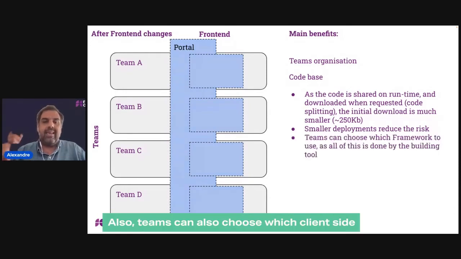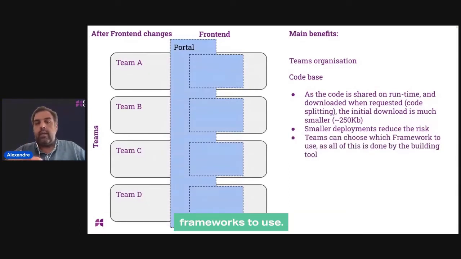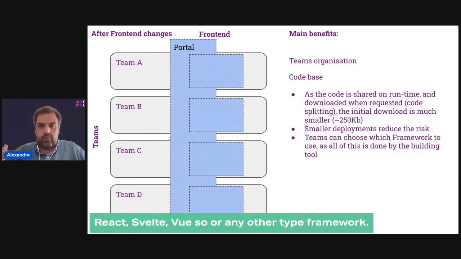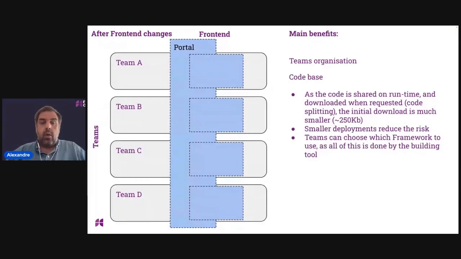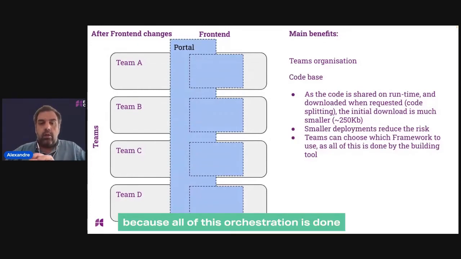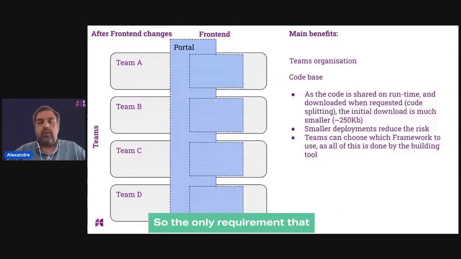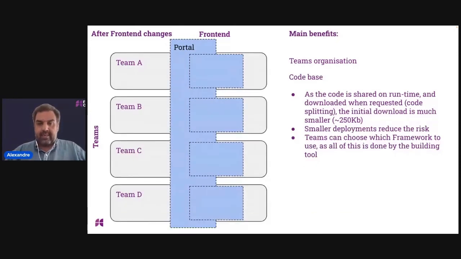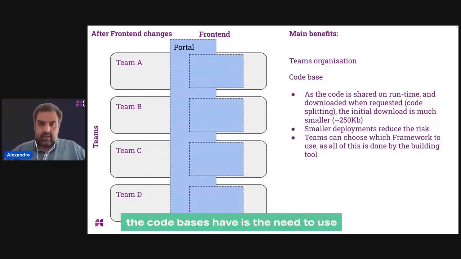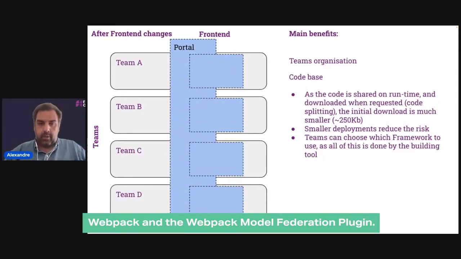Also, teams can choose which client-side framework to use: React, Svelte, Vue, or any other. This is possible because all of this orchestration is done by the build tools when building the files, so the only requirement the code bases have is the need to use Webpack and the Webpack Module Federation plugin.